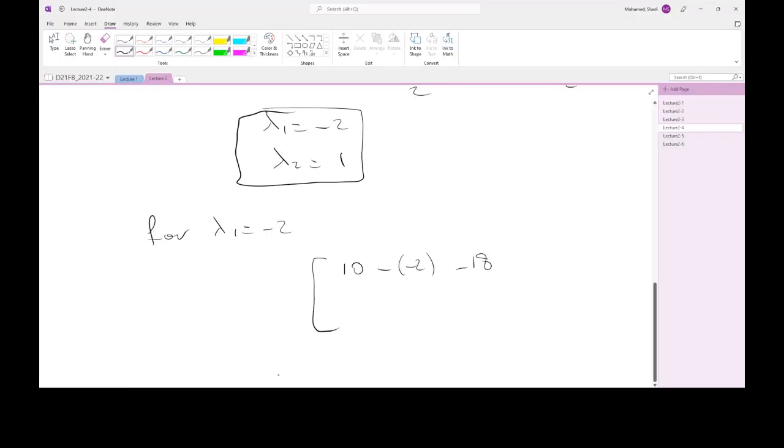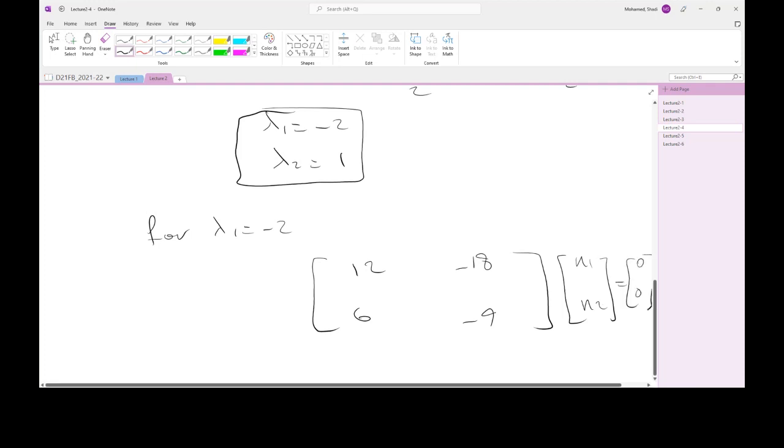And then 6, 11 minus minus 2. So this is basically plus 2. And this is plus 2. Ten plus 2, this is 12. And 11 minus 2, this is 9. Now this is multiplied by n1, n2 which should be equal to 0 and 0.